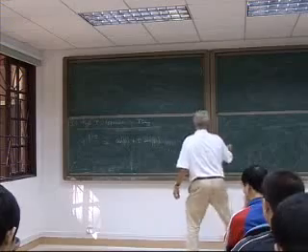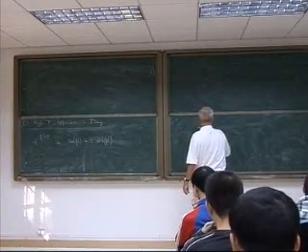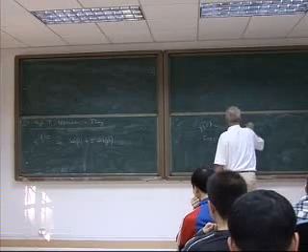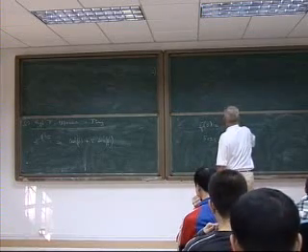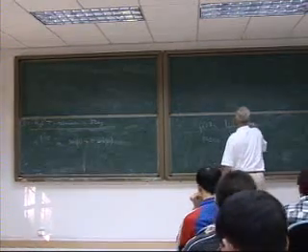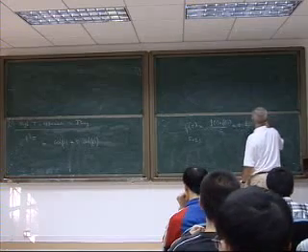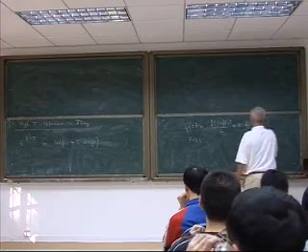In fact, any function of a variable which takes values plus or minus 1 is linear by definition. It's f of 1 plus f of minus 1 over 2, plus sigma times f of 1 minus f of minus 1 over 2.